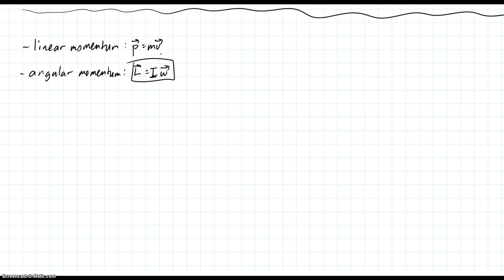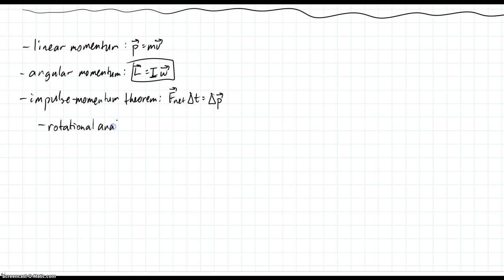So remember that we had the impulse momentum theorem, which states that F net times delta t equals the change in momentum, and so we would have the rotational analog of that statement: net torque times delta t equals delta L.